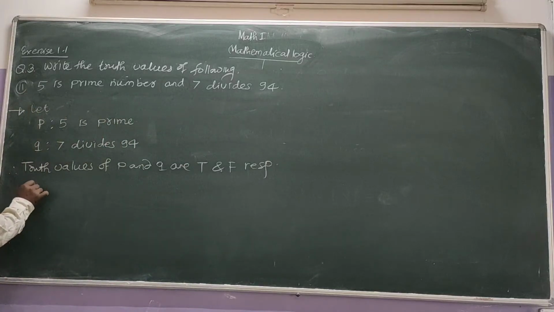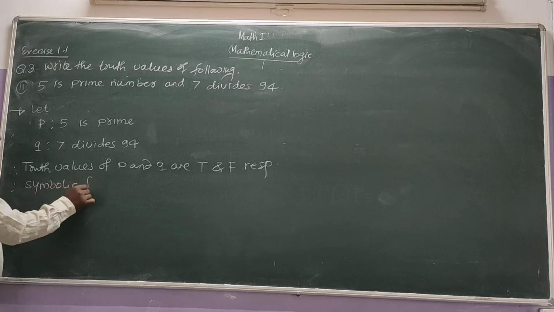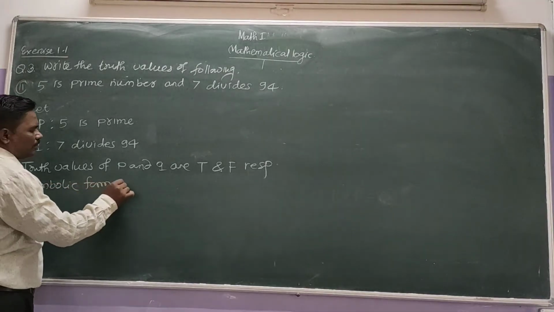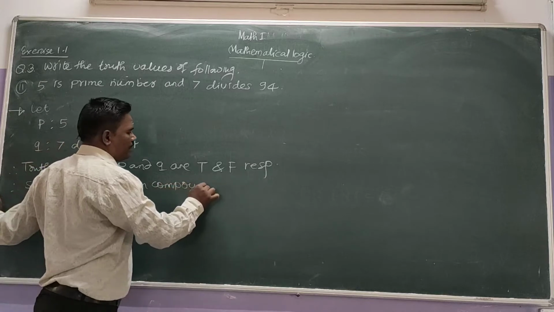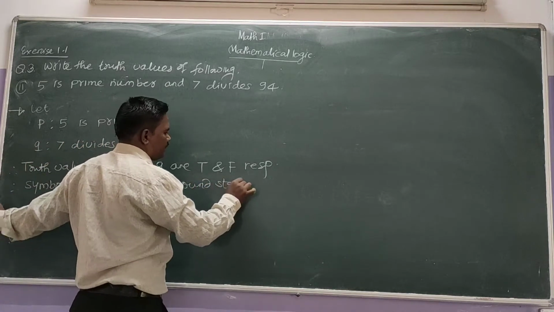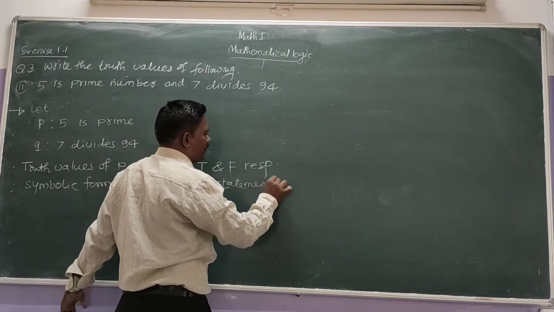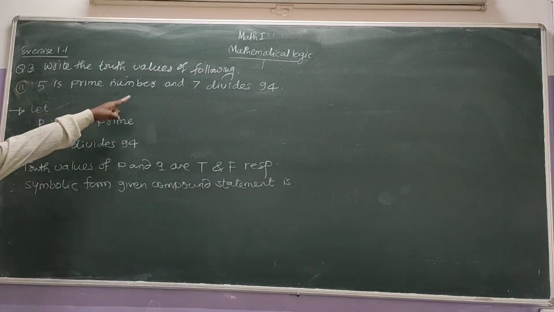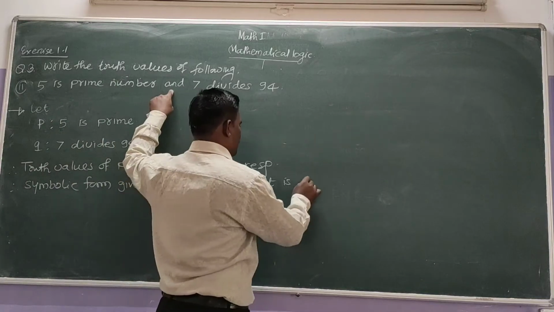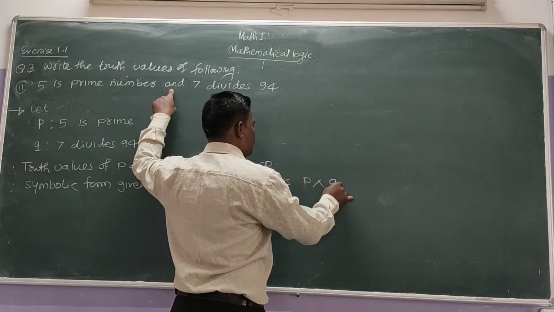Therefore, symbolic form of the given compound statement, joined by the connective "and", is p conjunction q.